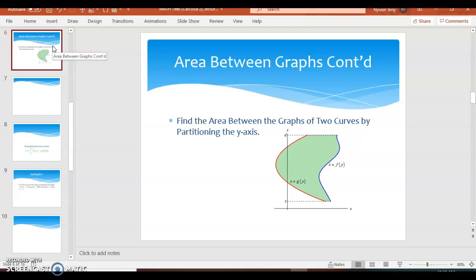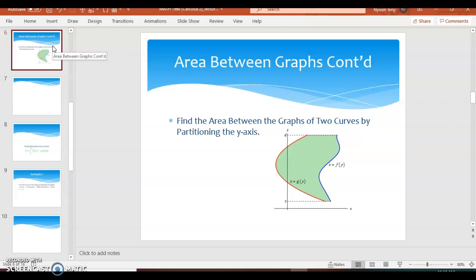Okay, continuing in our lecture, we want to partition the y-axis, to find the area between the graphs of two curves. Same method: we take a subinterval, find the area of that subinterval, and then generalize the method to the rest of the subintervals.